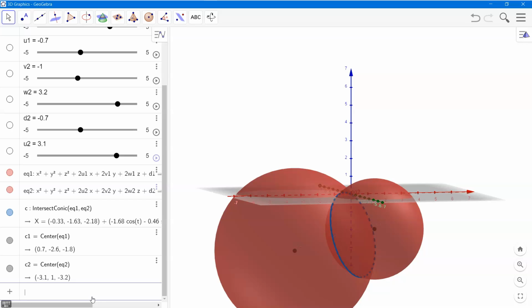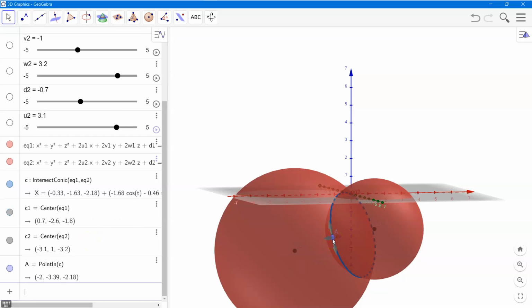Now let's connect this intersection with the centers. So what do we get? First of all, we have to identify a particular point on the intersection. So let's identify that point in the intersection, that is A. So you see here, it has identified one point on the circle of intersection.